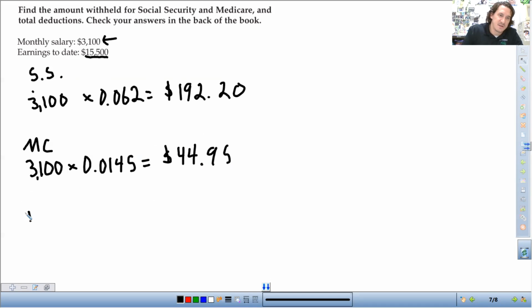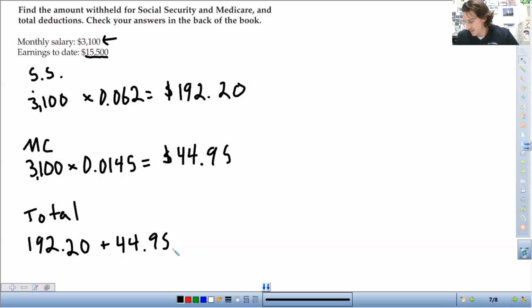Total deductions for Social Security and Medicare: you just add those together. $192.20 plus $44.95 comes out to $237.15.